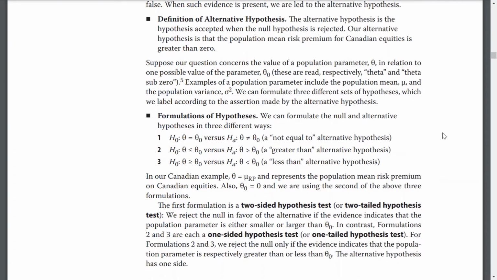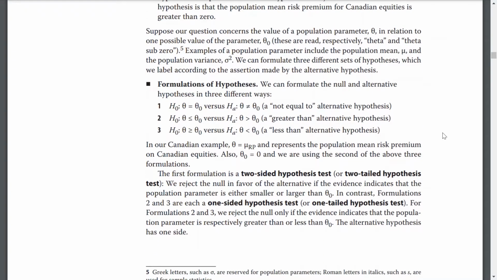The null hypothesis is theta equals theta sub 0 in the first formulation. In our Canadian example, theta equals mu sub RP, which represents the population mean risk premium of Canadian equities. Also, theta sub 0 equals 0, and we are using the second of the above 3 formulations.